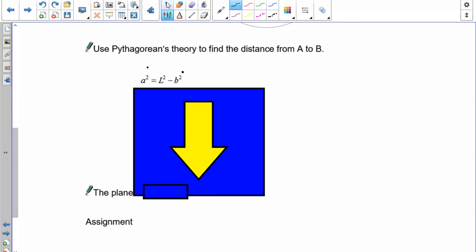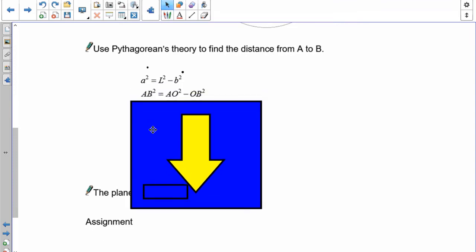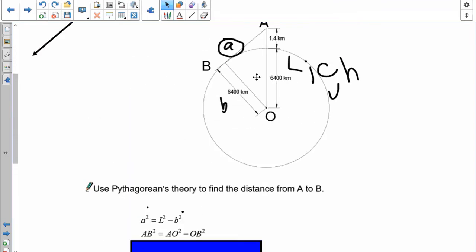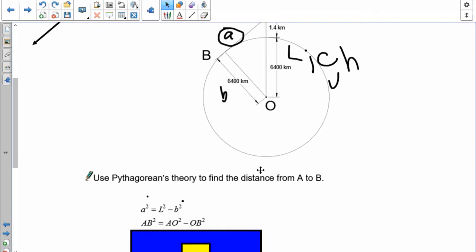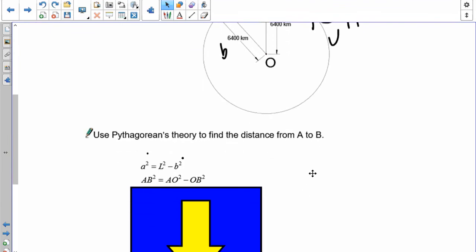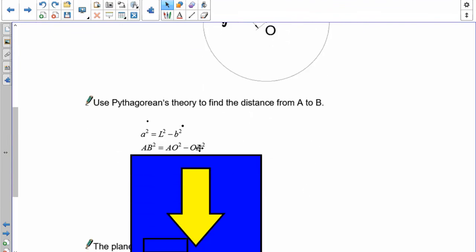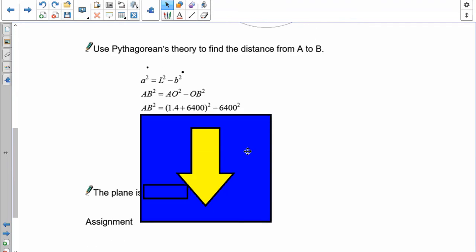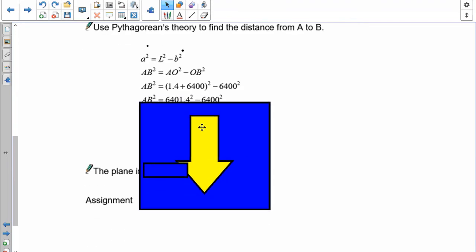Now, A squared, we don't know, but that is the length from A to B. L squared is the length from A to O, and B is the length from O to B right there. So here you see I've changed it into the actual letters on the triangle to give me the length of the line segments. Once I have all the numbers in place, it's a matter of calculating them.